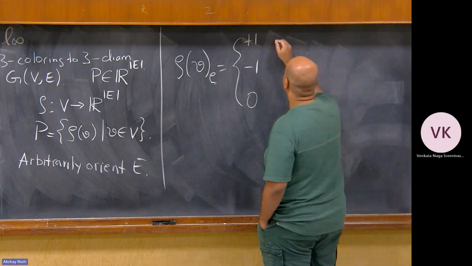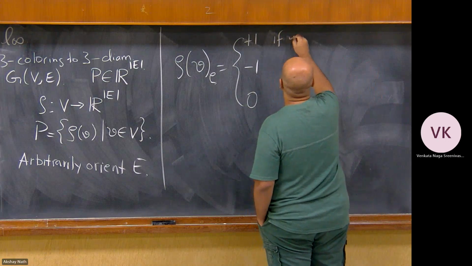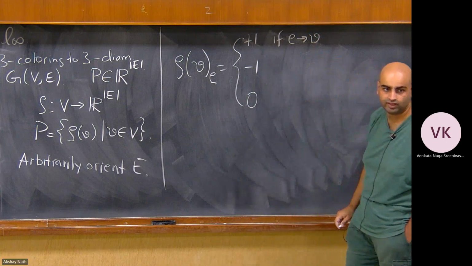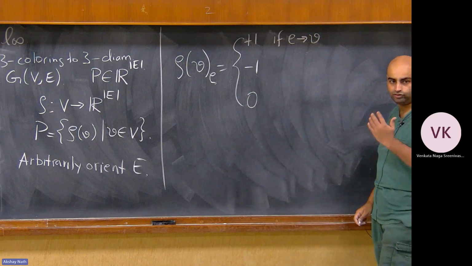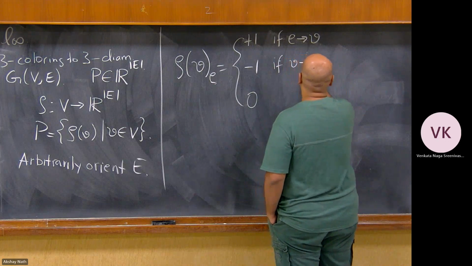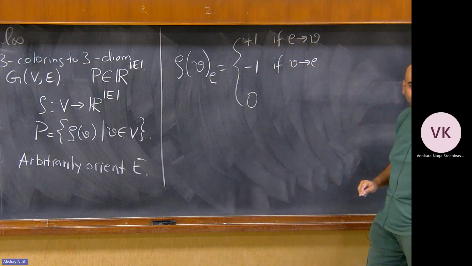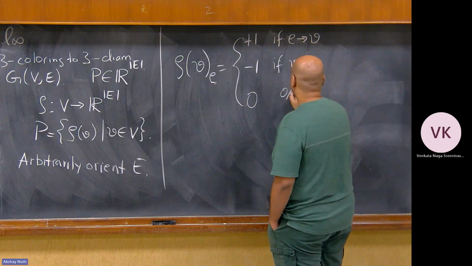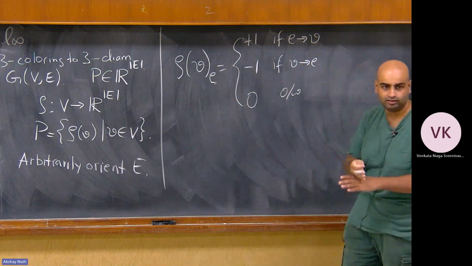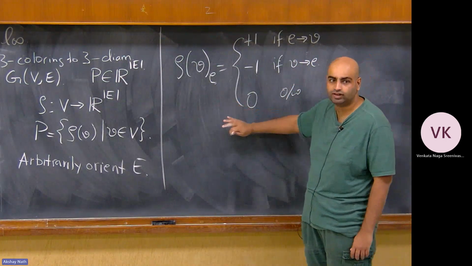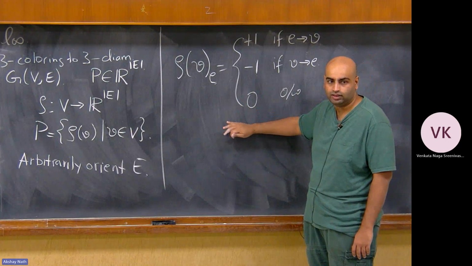It's +1 if E is incoming to the vertex V, -1 if E is outgoing from the vertex V, and 0 otherwise. In other words, if E doesn't touch V. And now this completes the reduction construction.